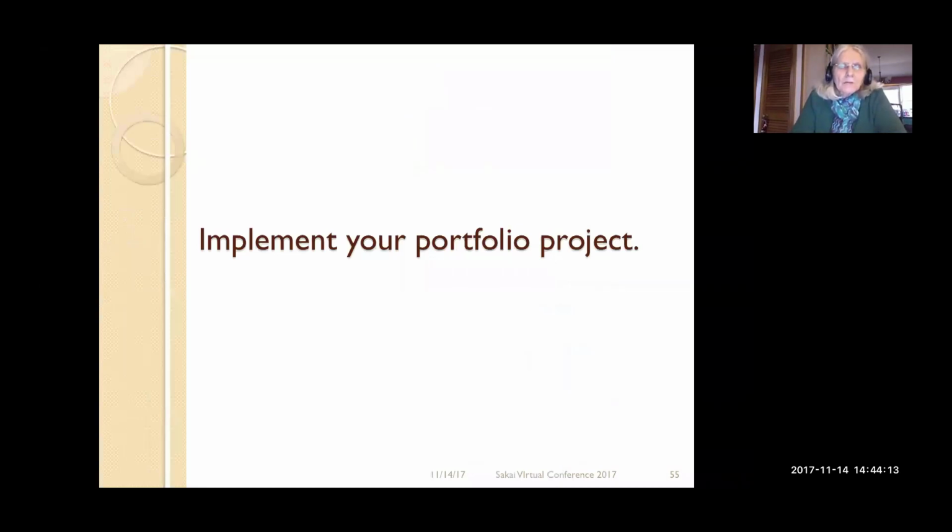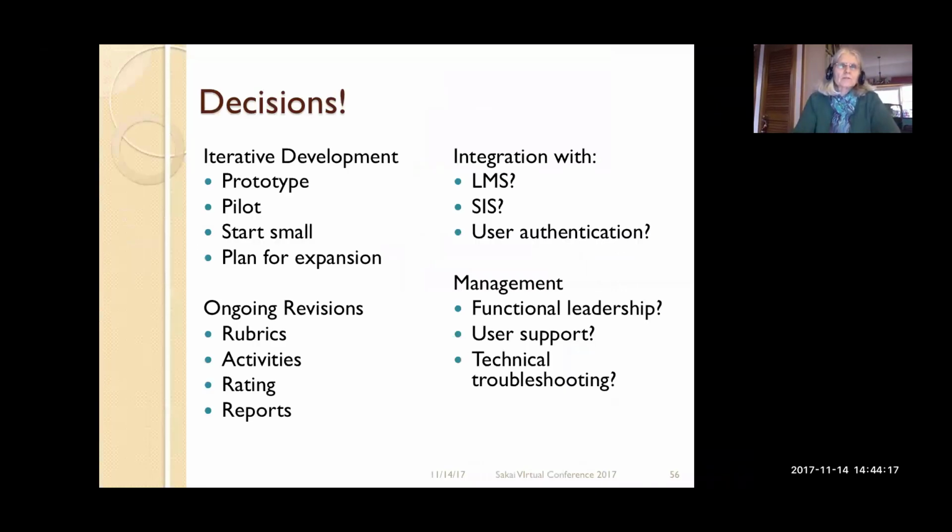Okay, finally, implement your portfolio project. After you've decided how to set it up, it's time to move forward with a development process. What we would recommend in the Karuta area is that you create a prototype, that you pilot, that you start small and you plan for expansion, because you're going to want to make changes.